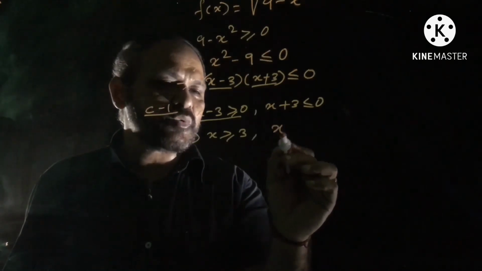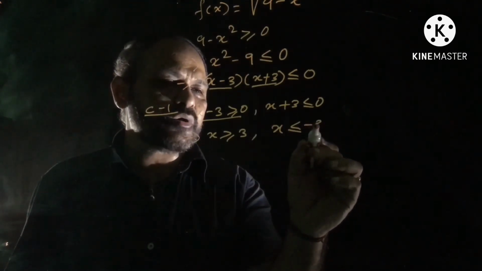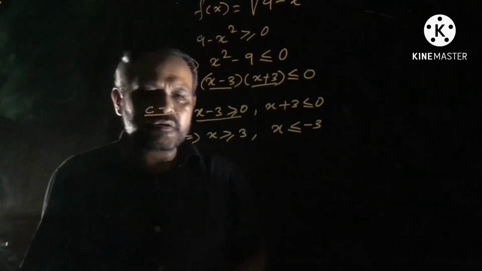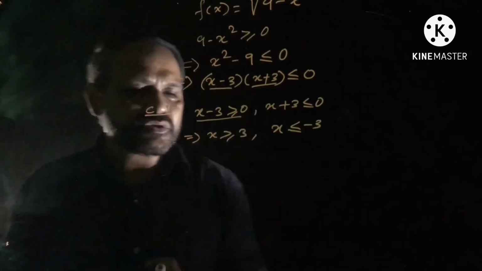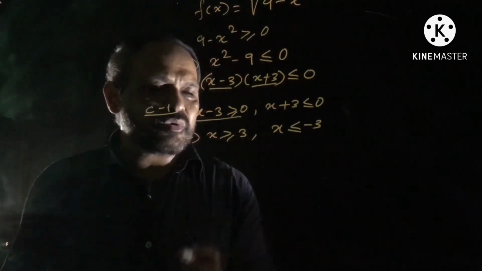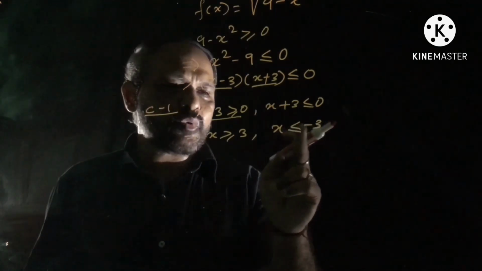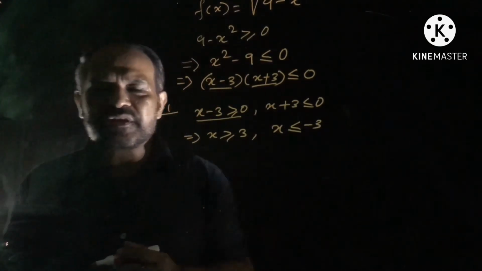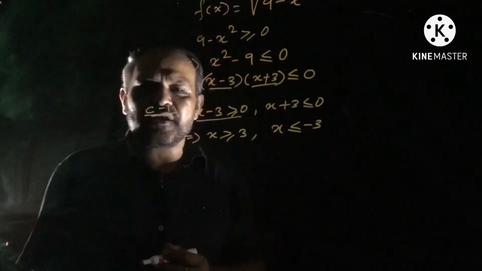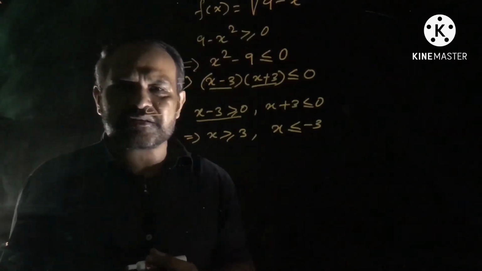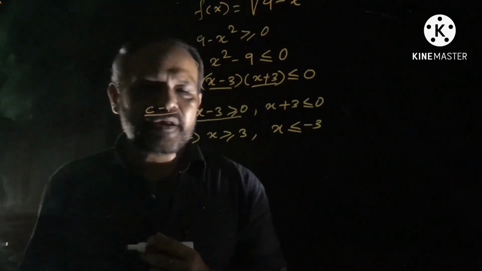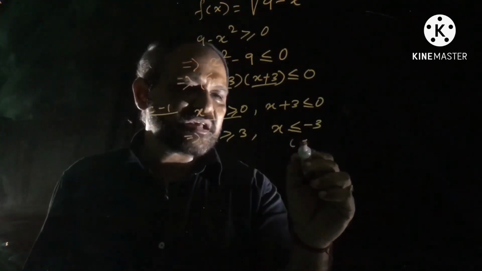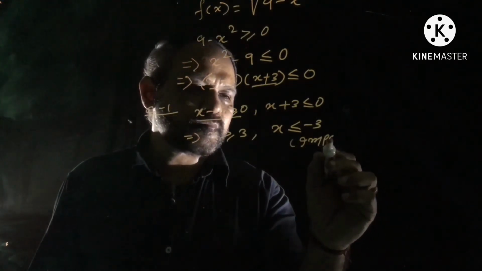From this one, we get x less than or equal to minus 3. Now tell me, is there any number which is greater than or equal to 3 and less than or equal to minus 3? There is no such number. Therefore, this case is impossible.